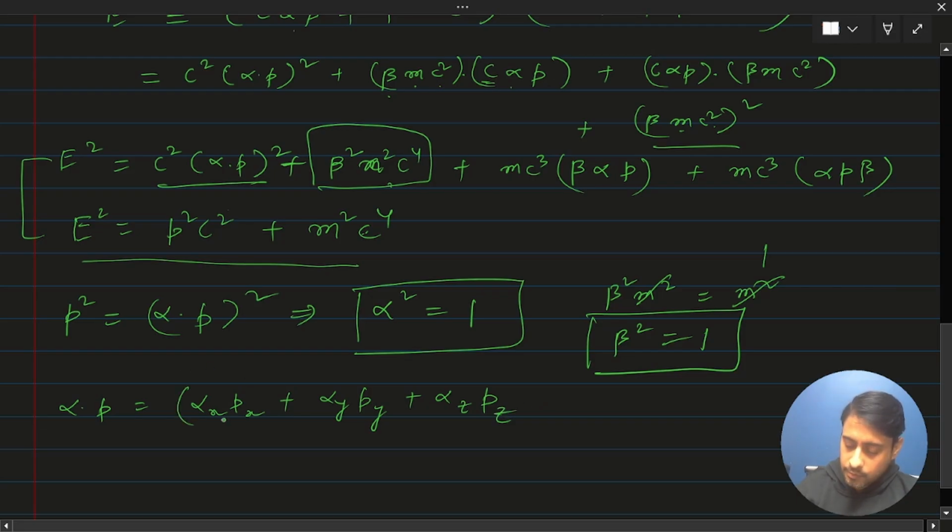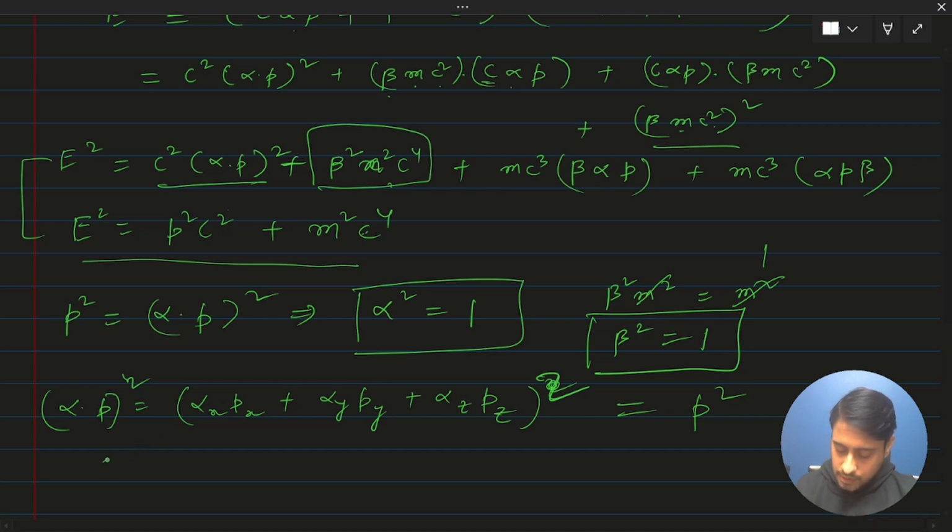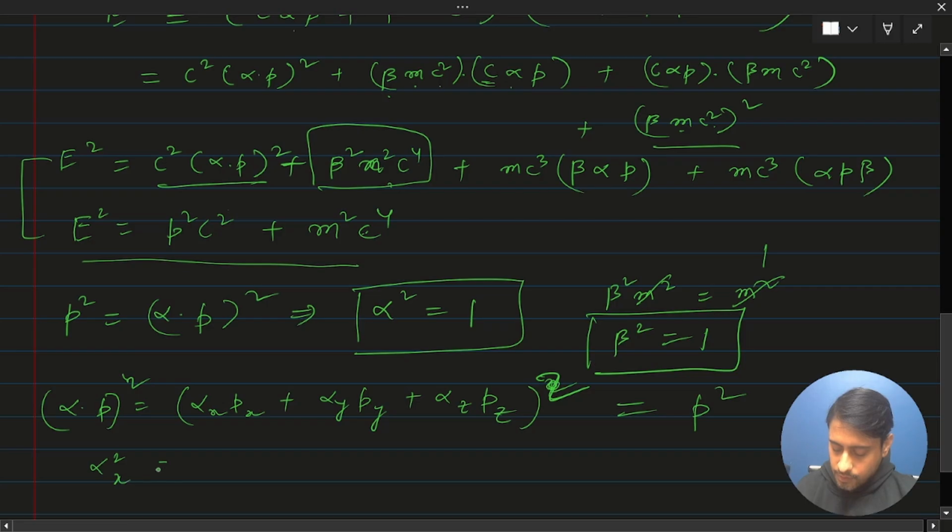So if we take the square of this term, this will be a square of this, and this is equal to p square. So this can also give you that alpha x square equals alpha y square equals alpha z square equals 1. So let's just do this also.